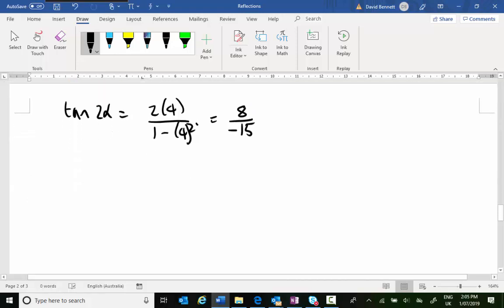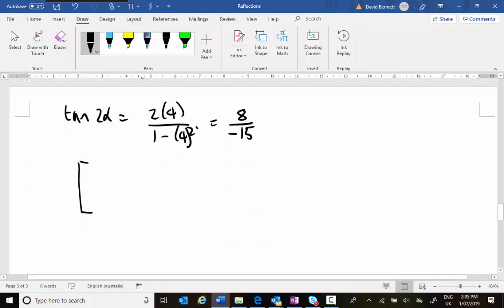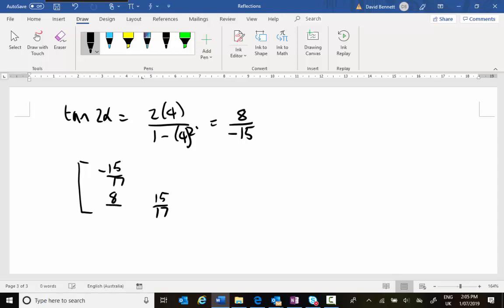Alright, so if I'm thinking of my matrix E, remember it's cosine 2 alpha, so cosine of 2 alpha was equal to minus 15 on 17. That's going to become 15 on 17 over here. Sine 2 alpha was 8 on 17.